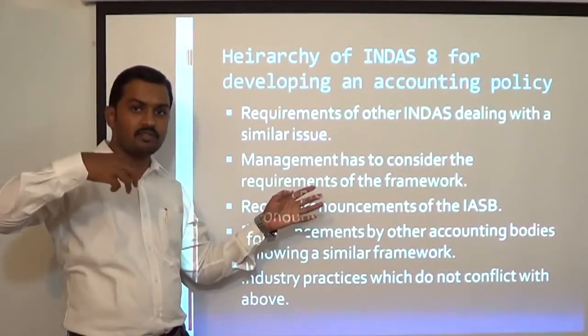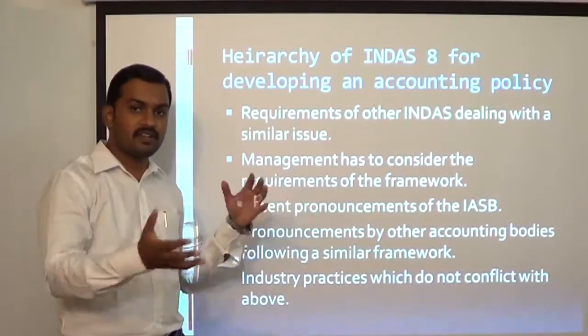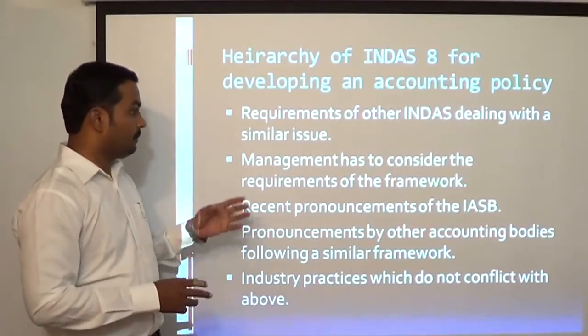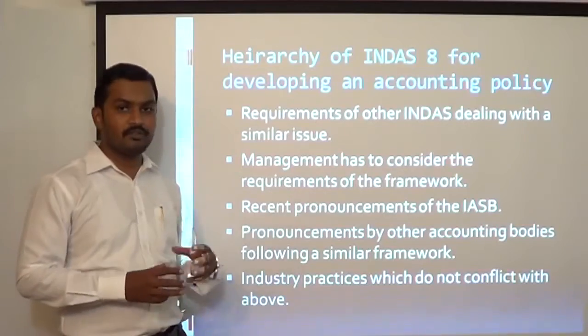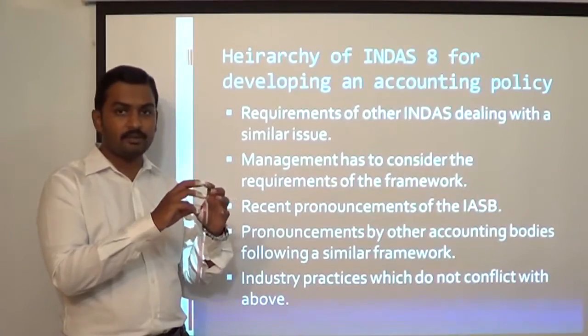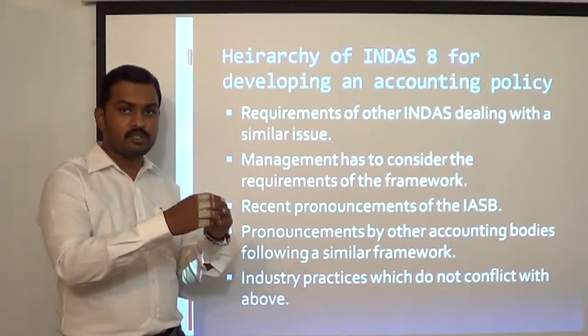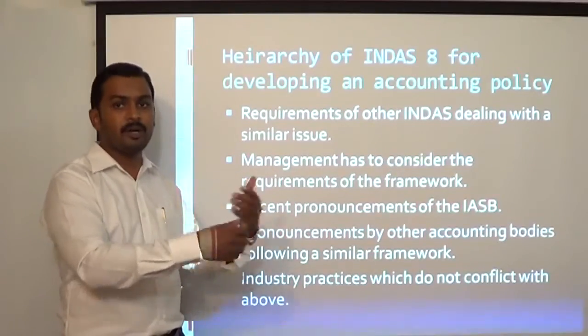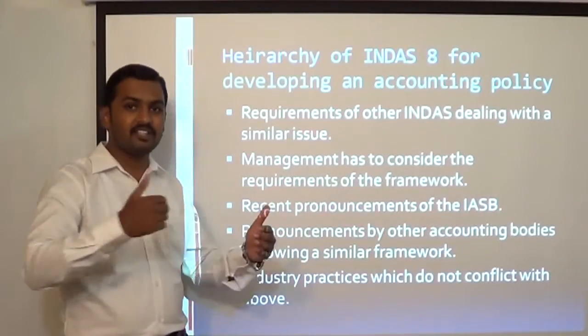It has to be considered for the purpose of developing an accounting policy for an area where there is no accounting standard. Management has to consider the requirements of the framework. We have to consider the definition of an asset, the definition of a liability, recognition principles, and measurement principles which are prescribed in the framework. They have to be referred to develop an accounting policy for an area where there is no INDAS.